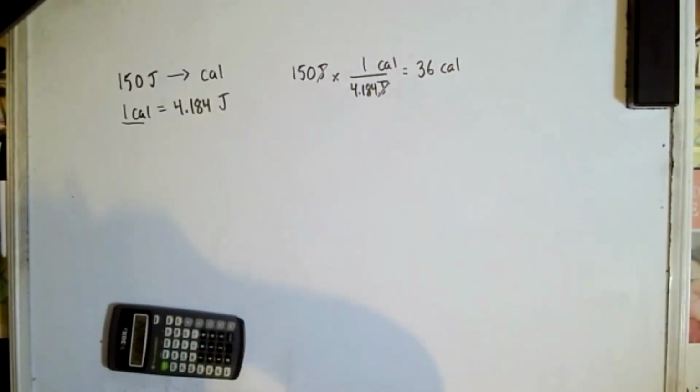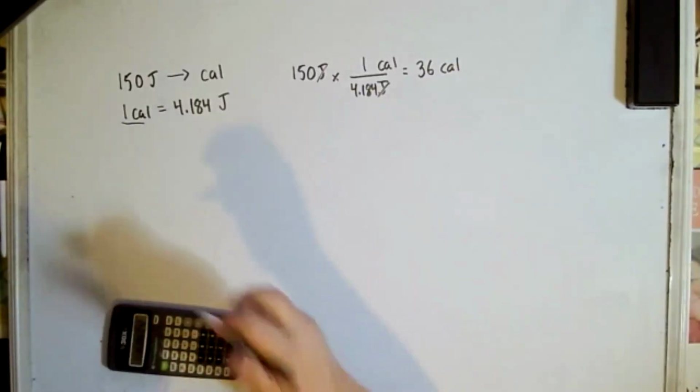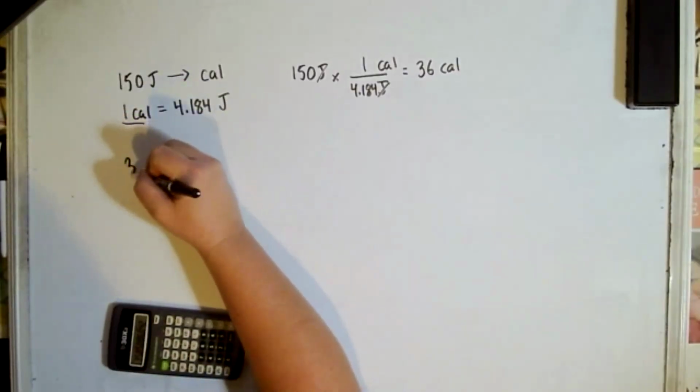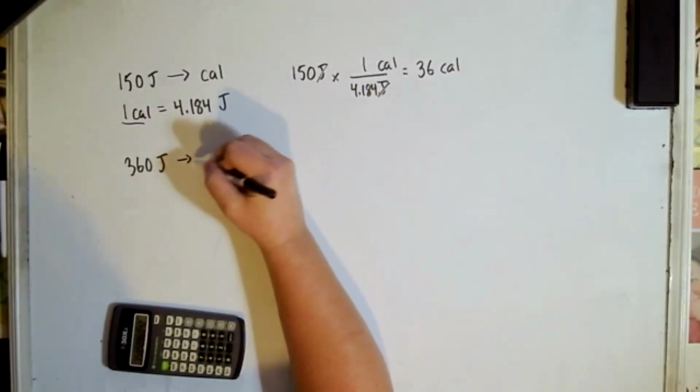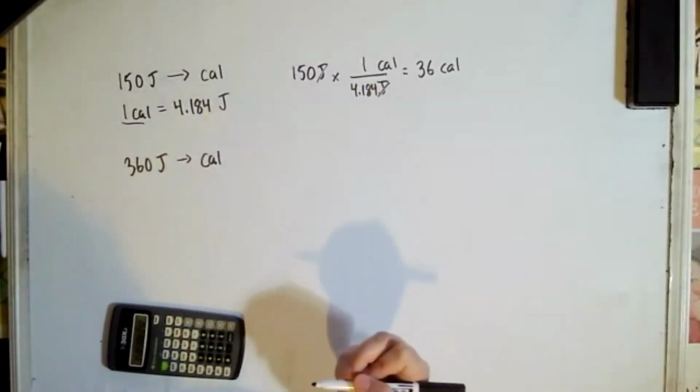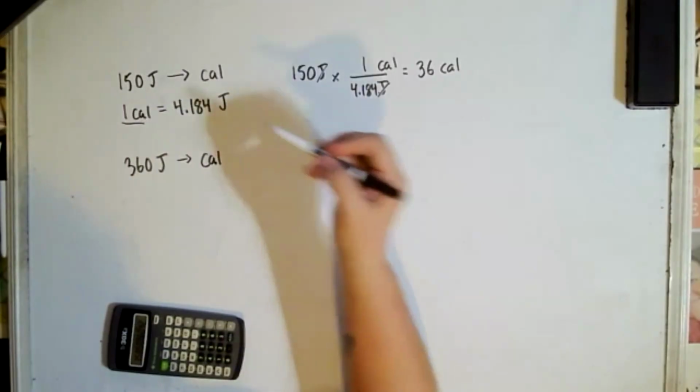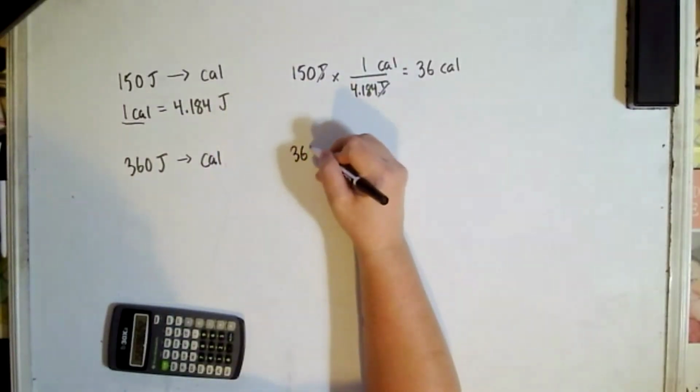The next question says a defibrillator gives a high energy shock of 360 joules. What quantity of energy is that in calories? We're going to use our same equality here, just with a different number.